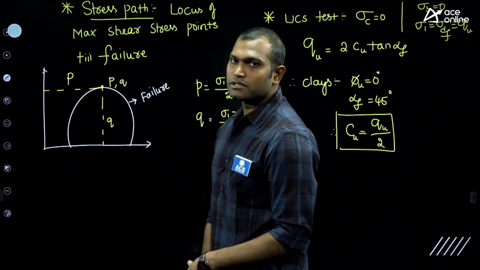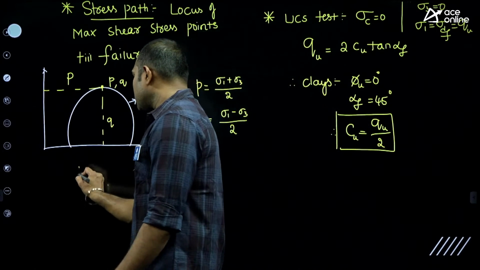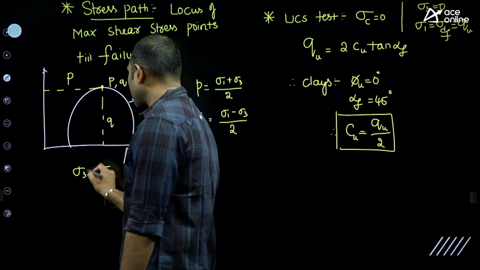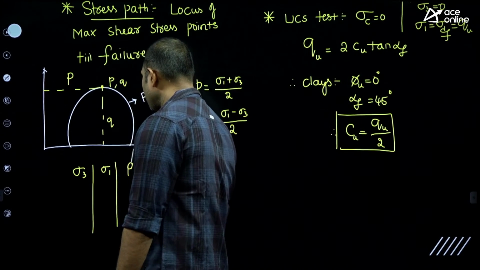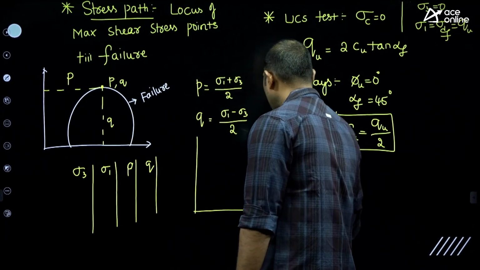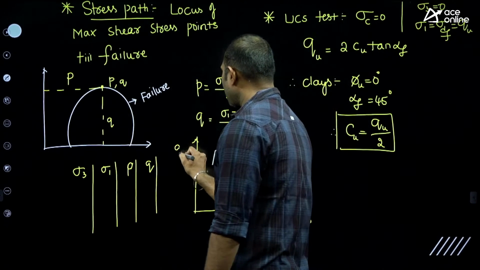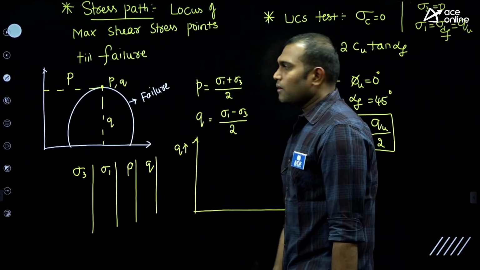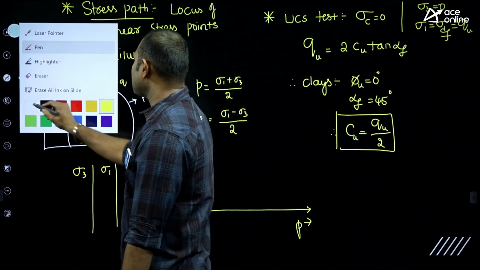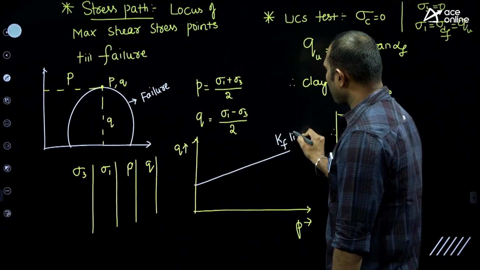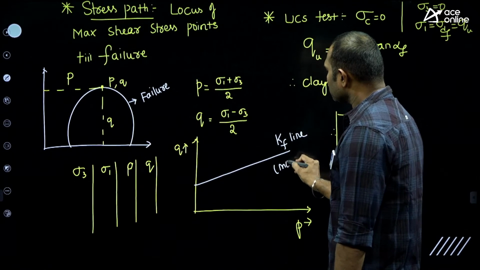For different loadings, sigma 3, sigma 1, you find P and you find Q. If you draw a line with P on the x-axis and Q on the y-axis, this line we call the Kf line, which is a modified failure envelope.